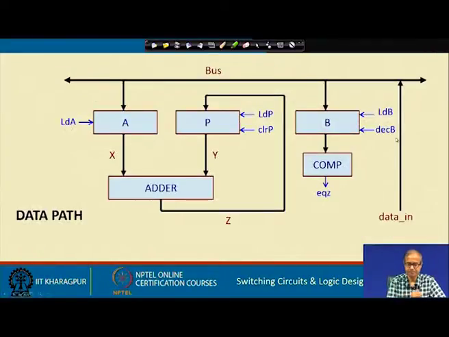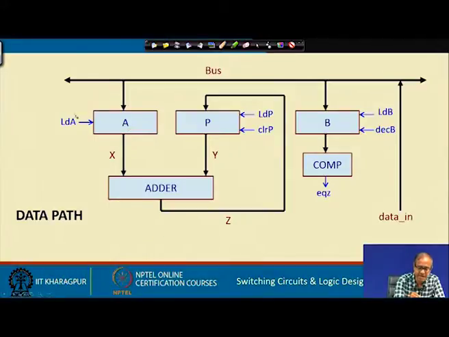Let us see. This will be the data path, how it will look. Just see, you have a register A here, a register B here. Just look at it in a little more detail.